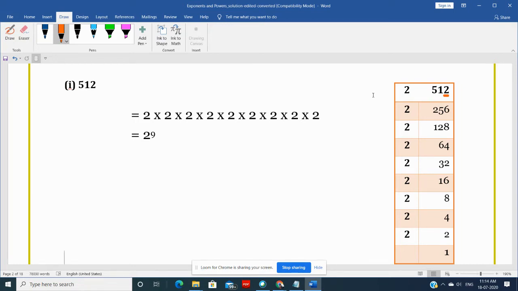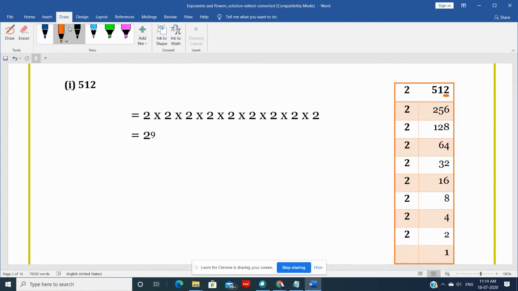So first, if you just talk about 2, you can see that the last digit here is 2, which is an even number. So naturally, what is the rule of divisibility of 2? It says that the last digit should be an even number. So we can divide with 2. So 2 2s are 4, 1 remainder, 2 5s are 10, 1 remainder, so 2 6s are 12.